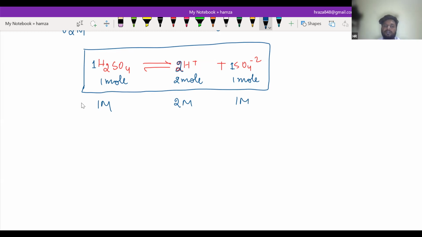Okay. Now see, this is general. If 1 molarity of H2SO4 will be there, then this will be 2 molarity and this will be 1 molarity.